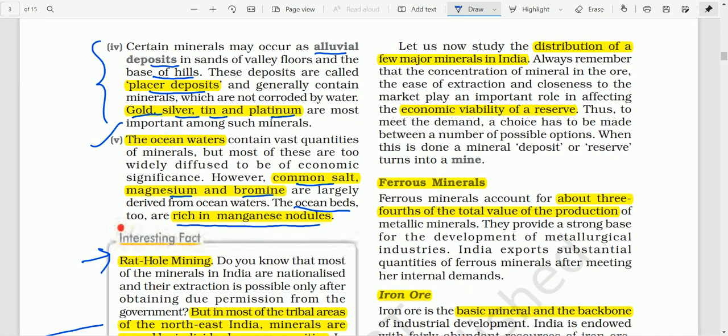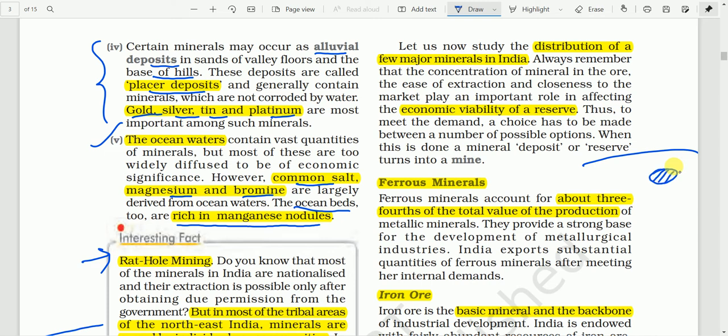So let us now study the distribution of a few major minerals in India. Always remember that the concentration of minerals in the ore, the ease of extraction, and closeness to the market play an important role in affecting the economic viability of a reserve. For example, inside the earth there may be a reserve of mineral.